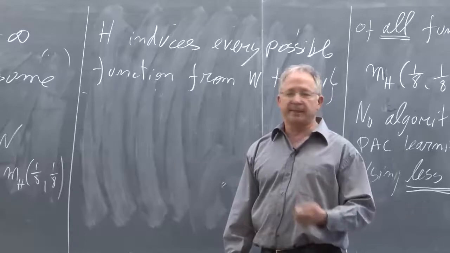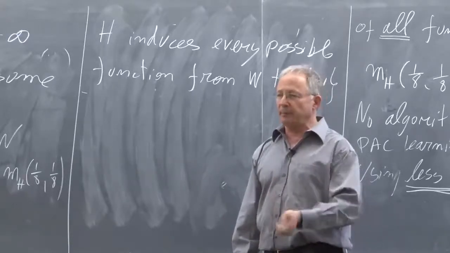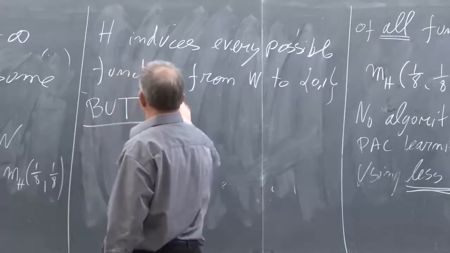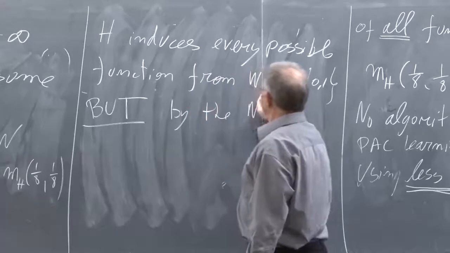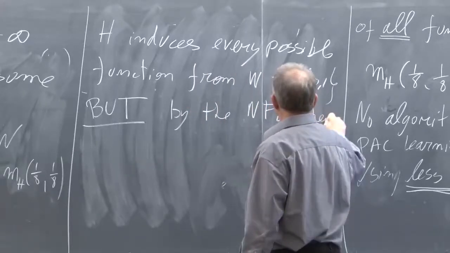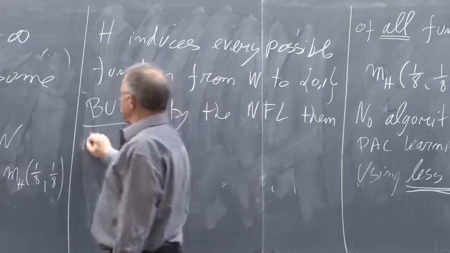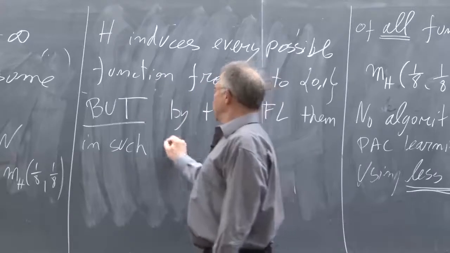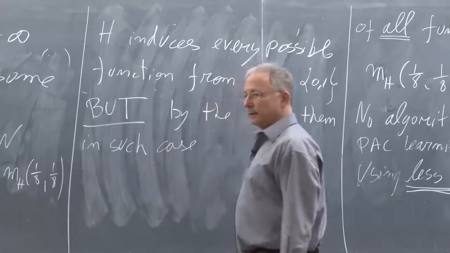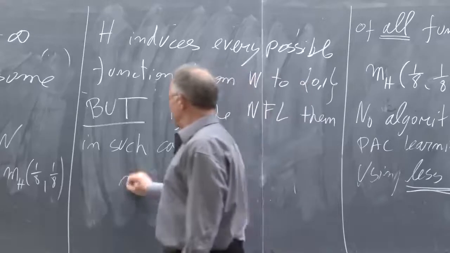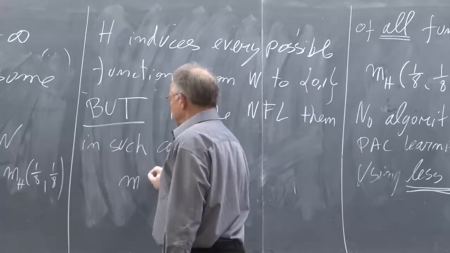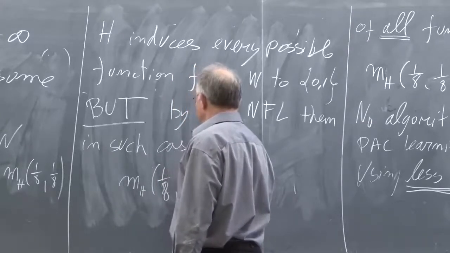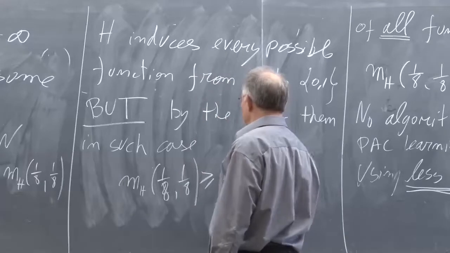We have to be able to succeed against every possible function over W. But by the NFL theorem, in such a case, if the class contains all the functions over W, M, the number of points that I need in order to get 1 over 8, 1 over 8, is at least W over 2.